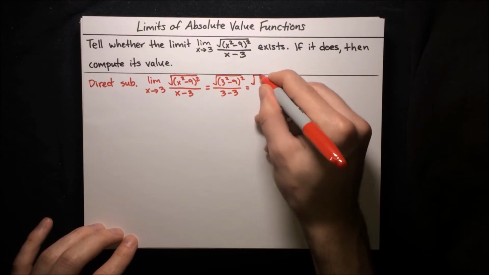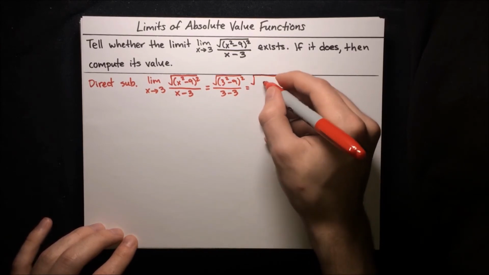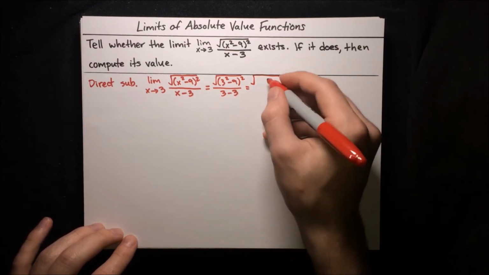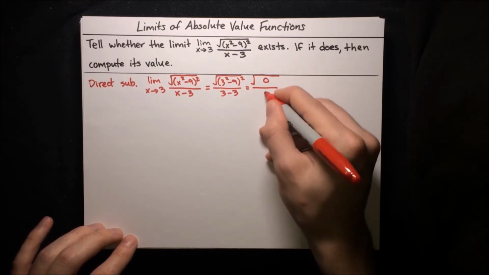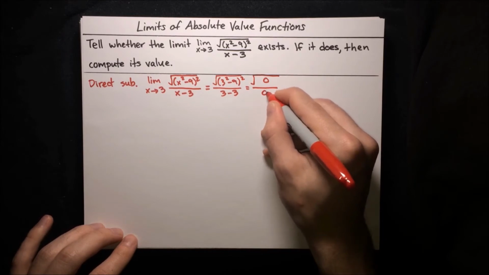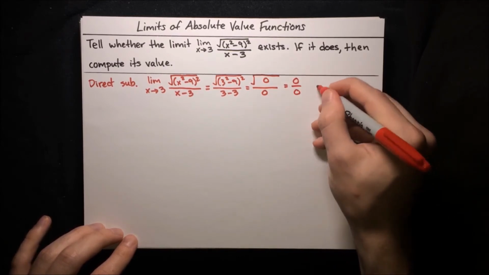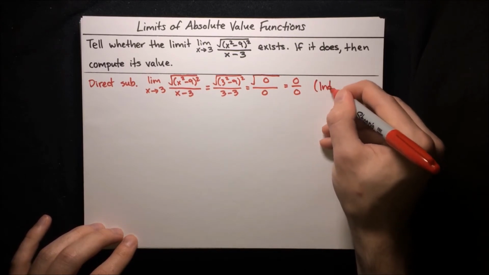So 3 squared is 9, so we have 9 minus 9, which is 0, and 0 squared is 0, and that's all over 3 minus 3, which is 0. Root of 0 is, of course, just 0, so 0 over 0. Again, this is indeterminate form.